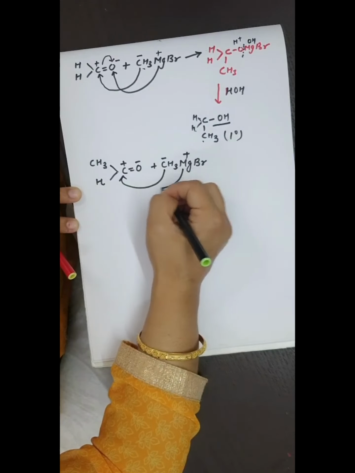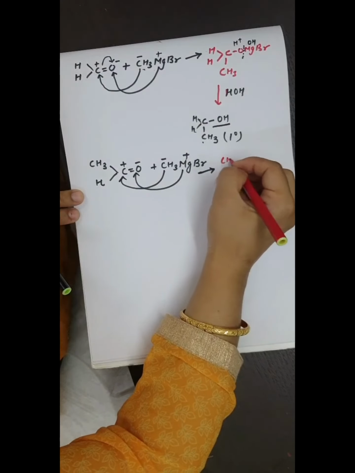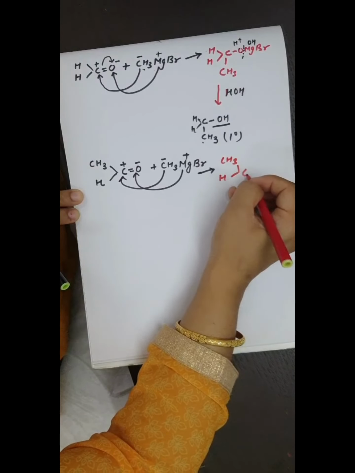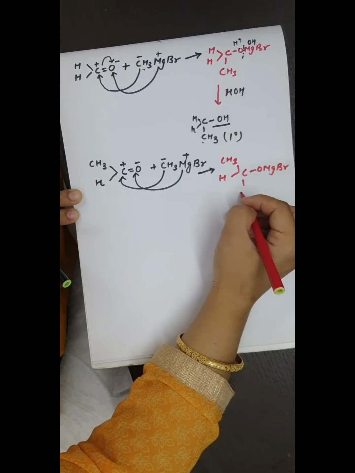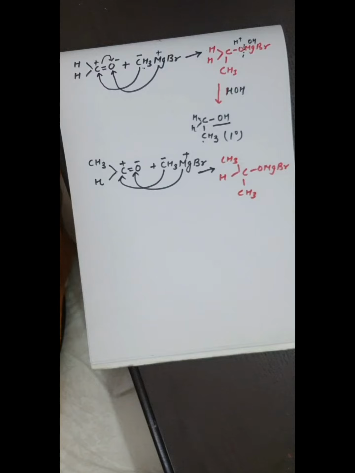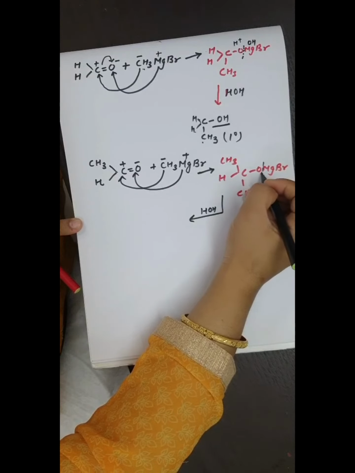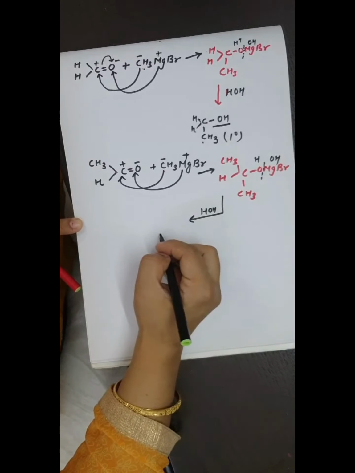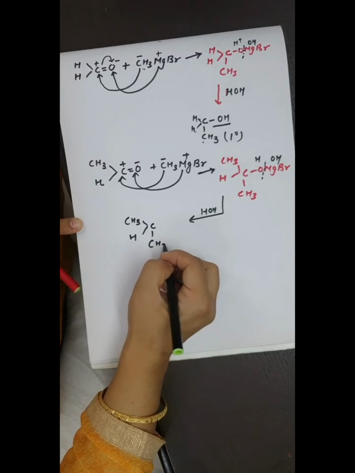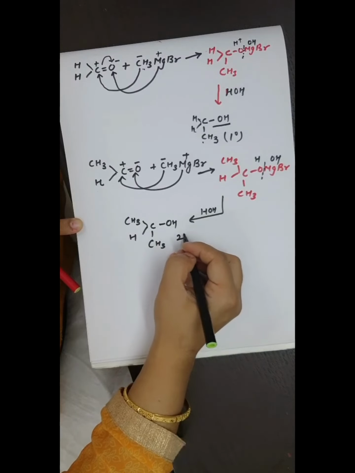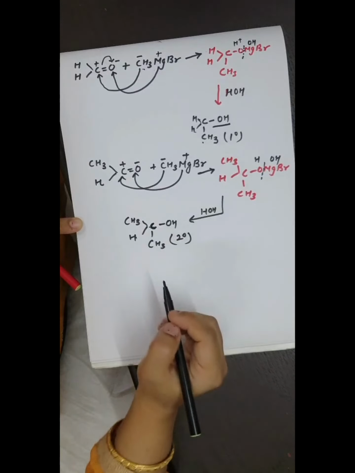It will attack on this, it will attack on this, form an intermediate species like this, CH3HCOMgBr, and here CH3, followed by hydrolysis, and in hydrolysis bond will break from here, H and OH, CH3CHOHCH3. This is secondary alcohol as one hydrogen is attached to the carbon atom. So this is secondary alcohol.